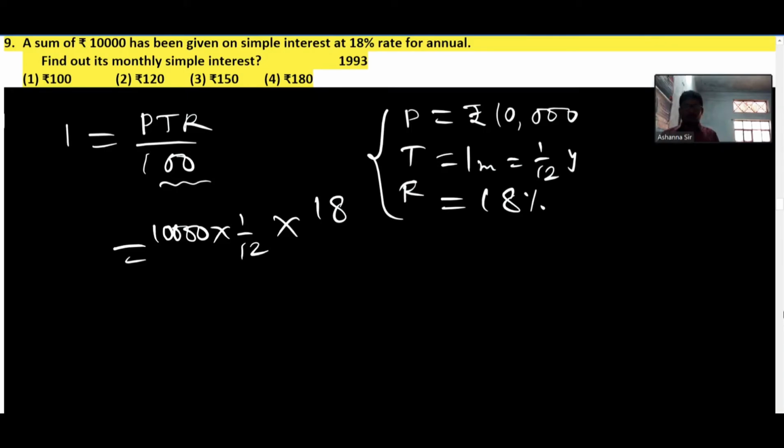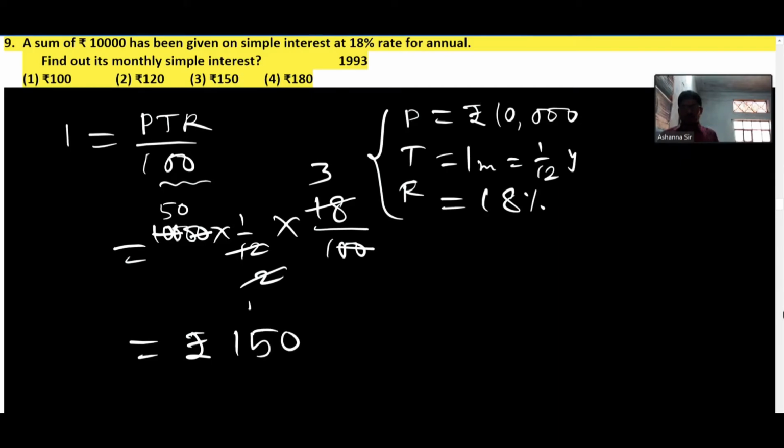So we can write here, 2 zeros get cancelled, 6 threes, 6 twos, 2 ones, 2 fives, 0. 5 threes are 15. So 150 rupees is monthly interest. So option 3.